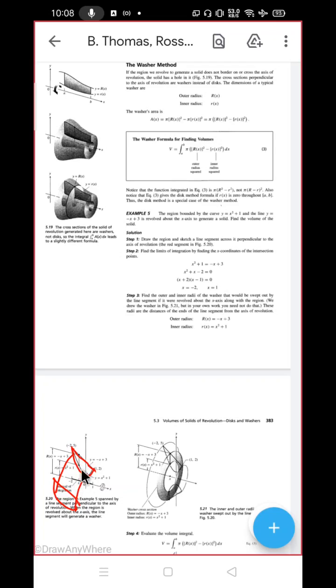Something revolving like that. This will be something like a pipe. You want to find the inner part. In earlier cases we did not have an upper bound, we just had something like this. If you revolve, this will give a volume under that, but now we have to subtract that inner part.